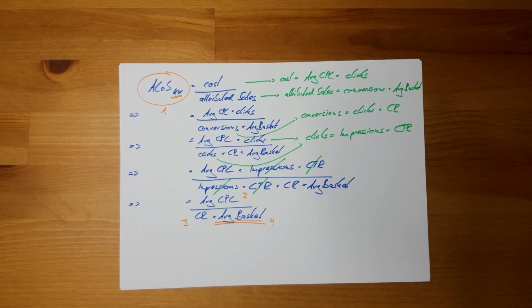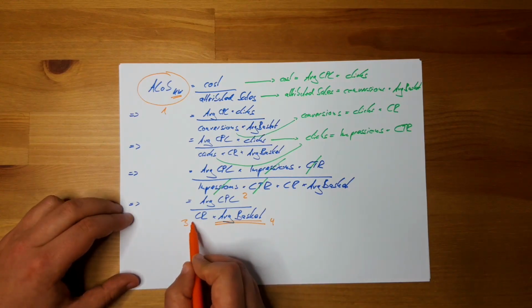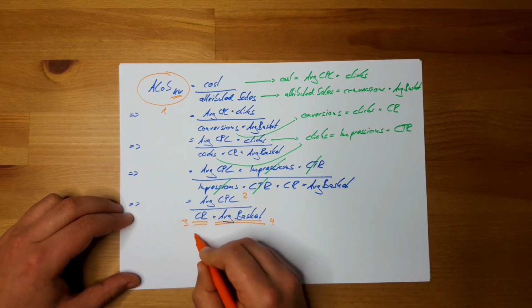So there is only one variable in our equation, the average cost per click, which can be interpreted in this context as your willingness to pay. How much should you pay for a click on a specific keyword? If you want to dig deeper into bid management, I'm sharing my entire bid management process in another video on YouTube.